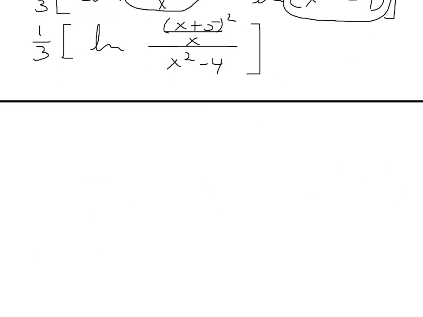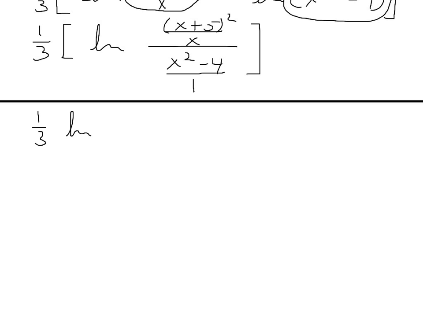Now, I think we all know that we can't leave compound fractions in answers. And a fraction inside a fraction, that's considered a compound fraction. So, let's think of this x squared minus 4 as x squared minus 4 over 1 and get to work on that compound fraction. We know that one fraction divided by another fraction is the same thing as the numerator times the reciprocal of the denominator.